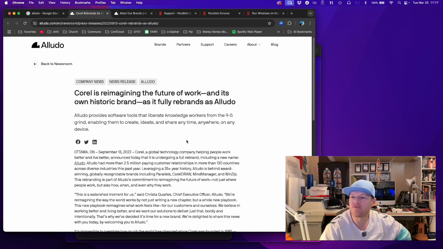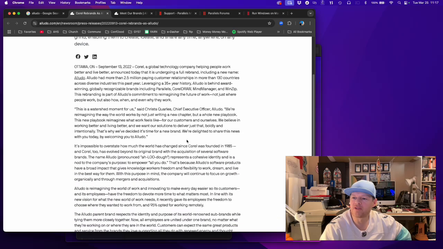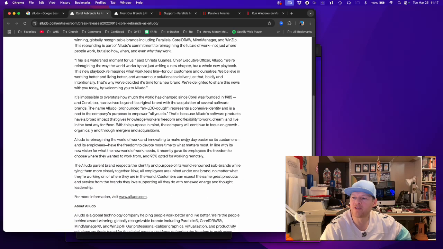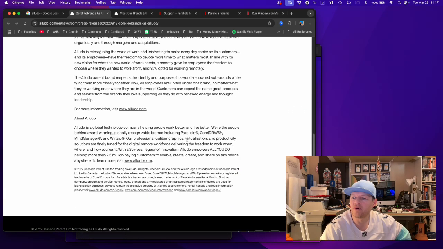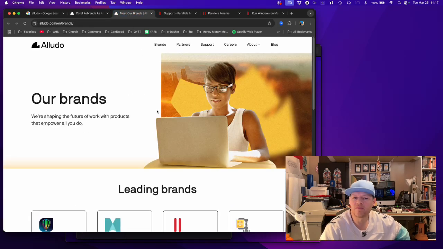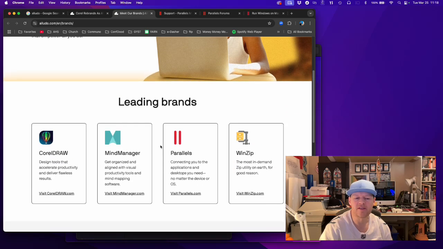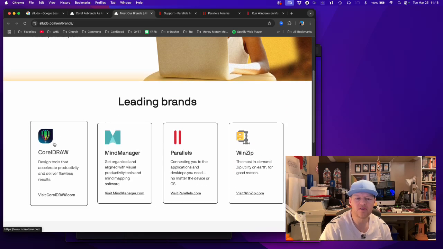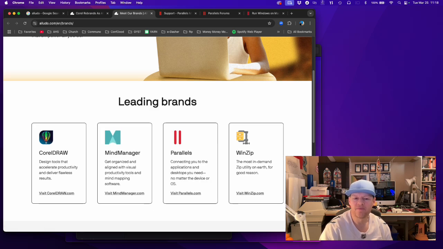Corel is reimagining the future of work, its own historic brand as it fully rebrands as Alludo. So this is 2022, a watershed moment for us. It's impossible to overstate how much the world has changed. Corel, Alludo, about Alludo. Here's Alludo, and here's Alludo's brands: CorelDRAW and Parallels.